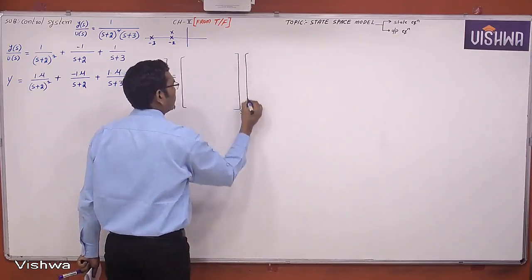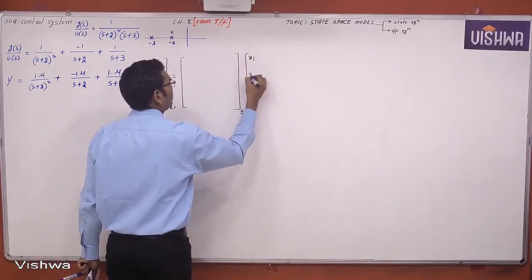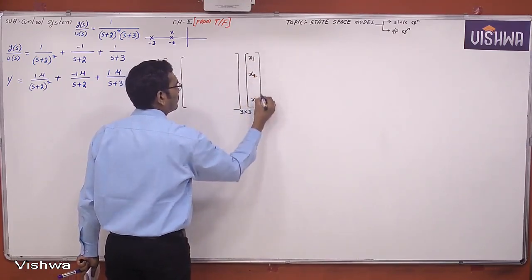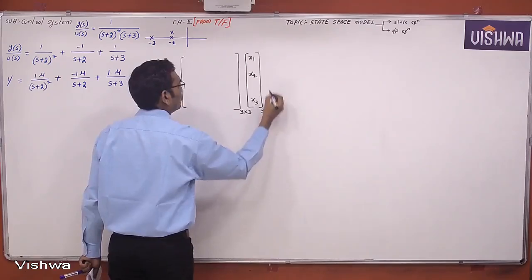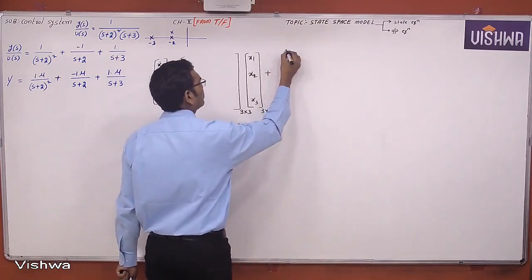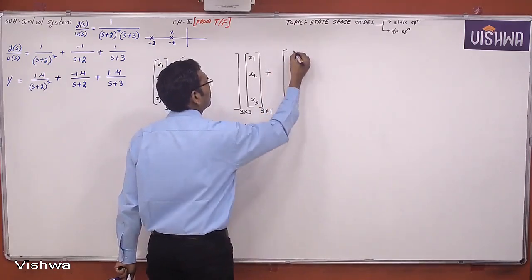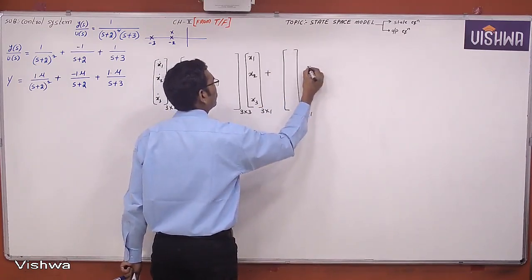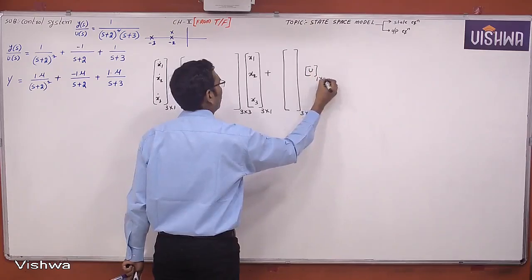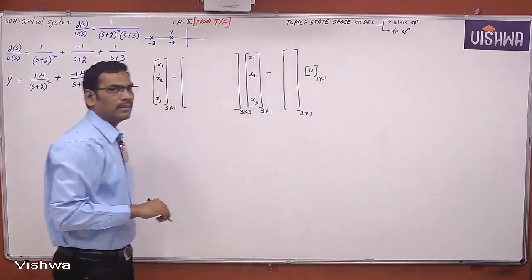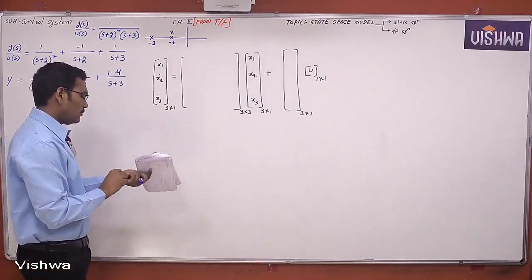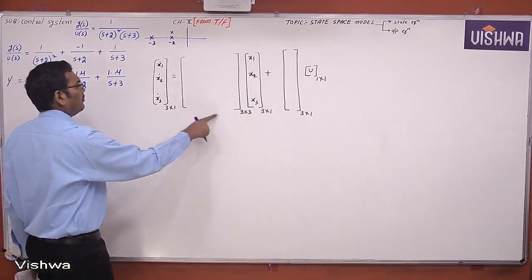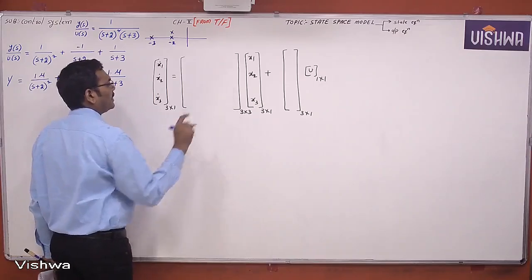Now this is x1, x2, x3, this is 3 by 1, plus 3 by 1 into u, because this u is only 1 by 1. So what I want to say here is, the A matrix order is 3 by 3.